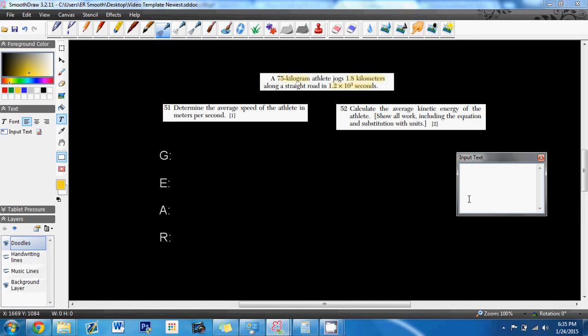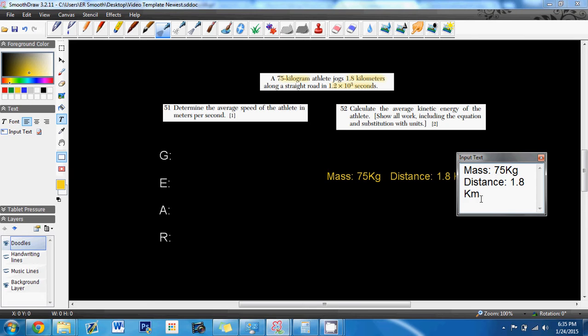Okay. So let's do mass. They're giving you the mass, which equals 75 kilograms. They're also giving you the distance, which is 1.8 km.